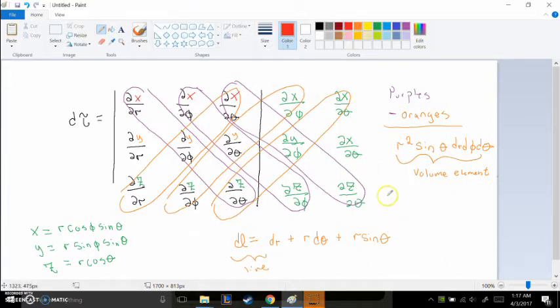We want to go ahead and take a look at our area elements, dA. When r is constant, we pick up this one, and we pick up this one. And we say r squared, where this r is the constant, so it would be like some value, r squared sine theta d theta d phi. We'll just put r const here.